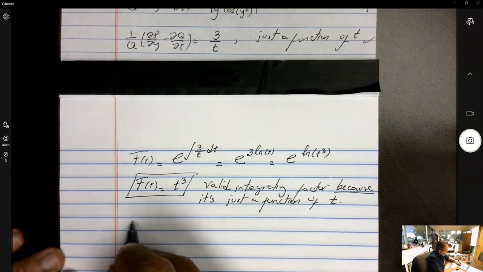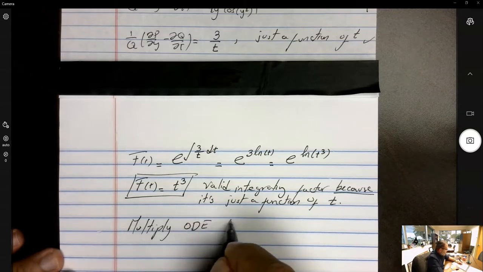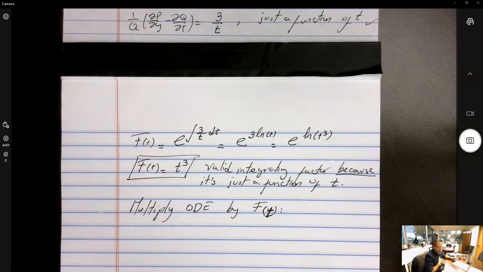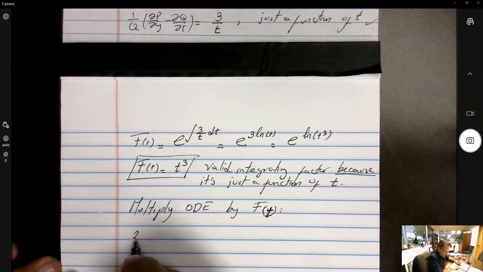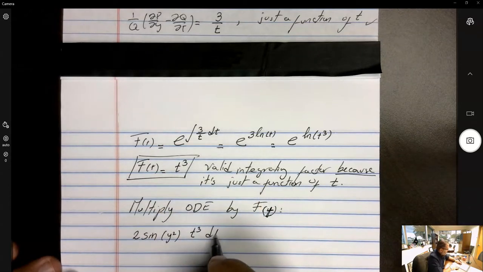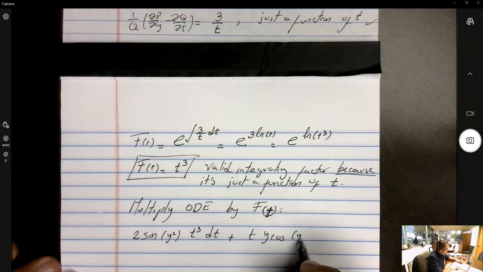So what I'll do is multiply the ODE by f of y. I'm sorry, f of t. We found f of t, we didn't find f of y. So I'll take the original equation, which is 2 sine of y squared, and multiply times t cubed, which is f of t, dt, and then ty cosine of y squared, and I multiply by this.